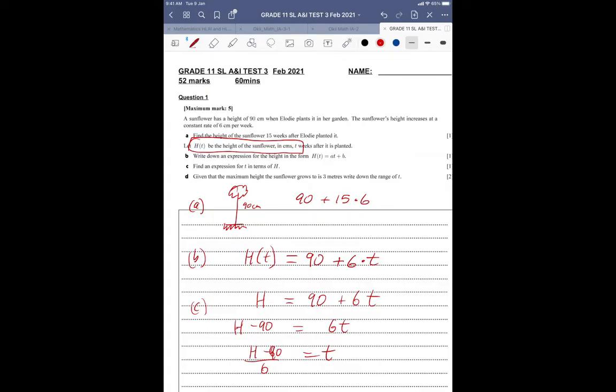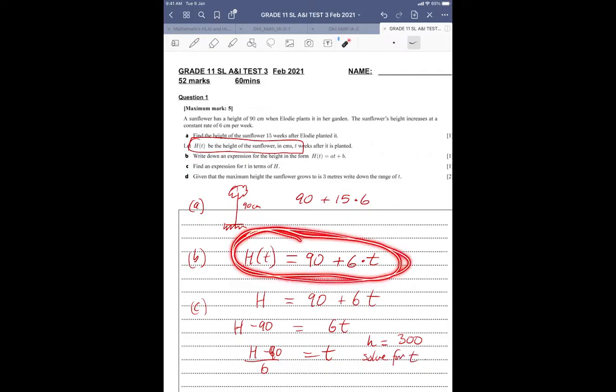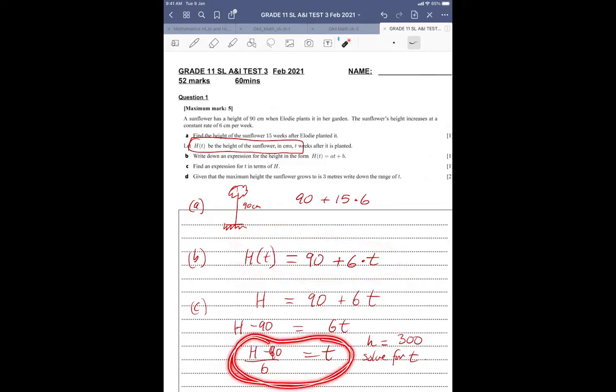So the good thing is recognition of changing it from the 3 meters, right? But this is, if h equals 300, we need to solve for t. Now, some of you then went back to this and used this. But there's no need because you've already got t here.